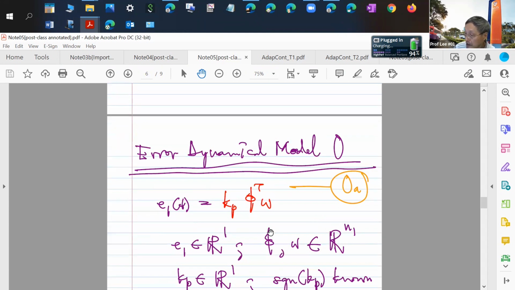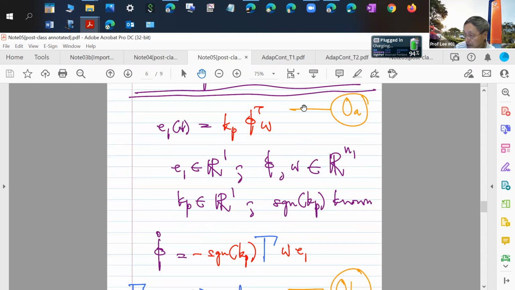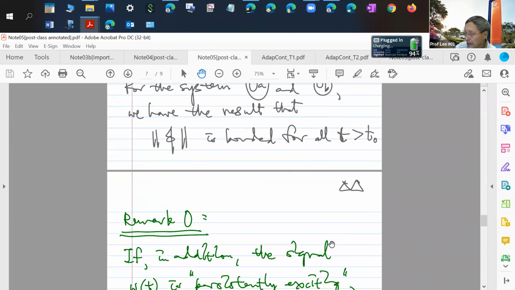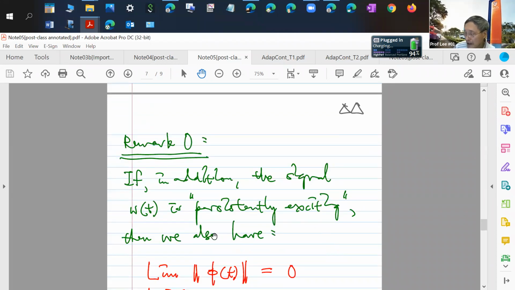The signals you're able to use are signals that you generate, passing through filters and a dynamical system. And that brings up the whole concept of persistency of excitation.